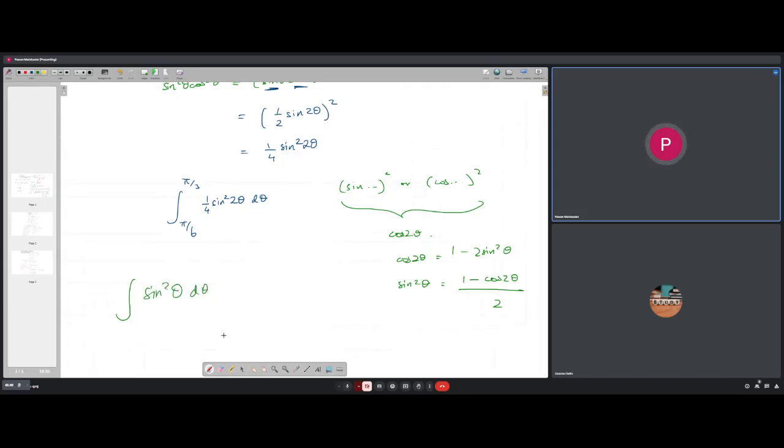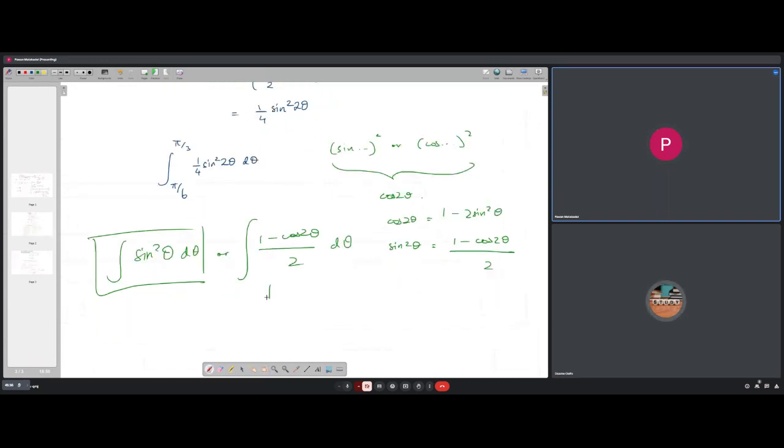Would you be able to do it? If I was to ask you, would you rather integrate this, or would you rather integrate this? Which one looks easier to deal with? Exactly. You can actually integrate the second one. Well, the first one you can't. Why? Because I actually use the trig identity there.